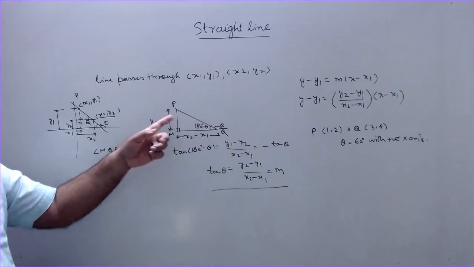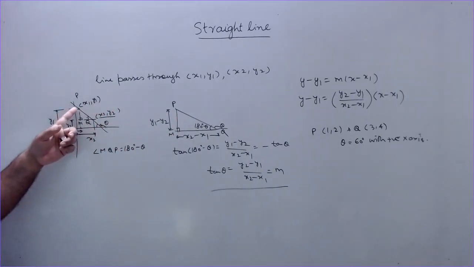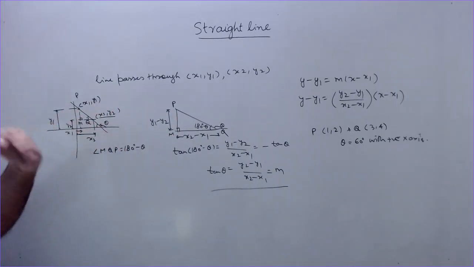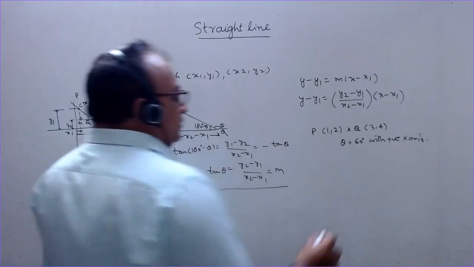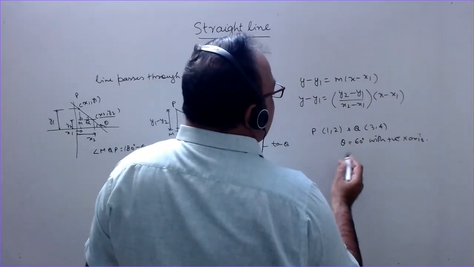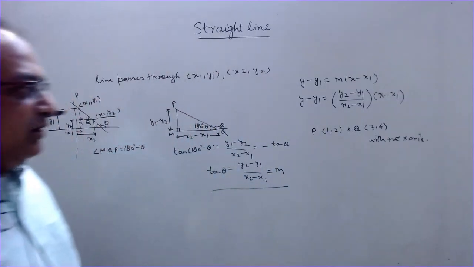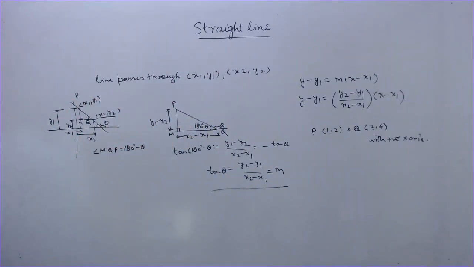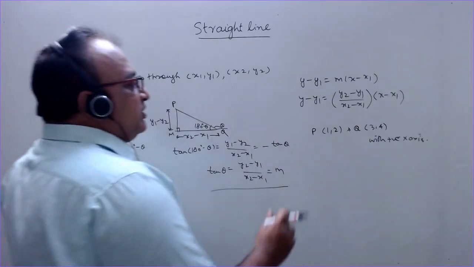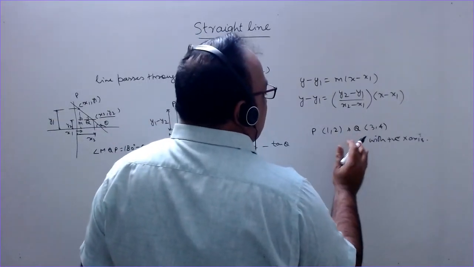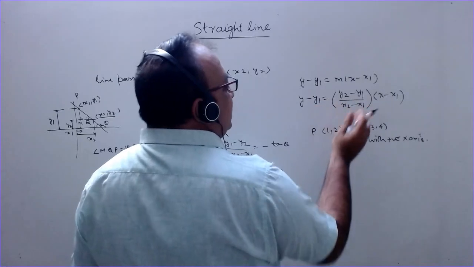So these 2 points are given, P and Q. Theta is not given actually. We have to find the slope. So we have to find the equation of the straight line which is passing through these 2 points. So you can put the values here in this equation.